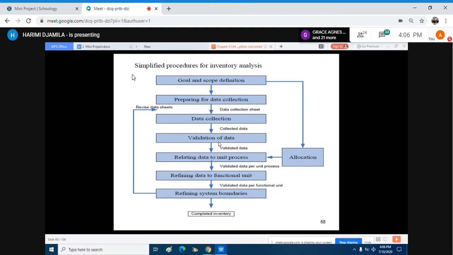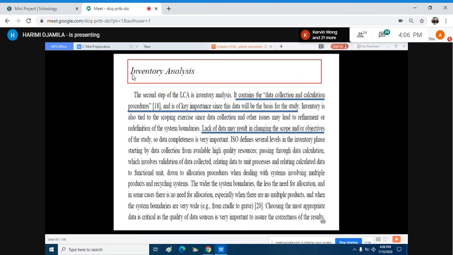Does it apply for your case, for instance, or not? You check the unit of the process. You may need to refine your data, the boundary of your calculation, and you repeat again until you finish completely your inventory. So here it contains the data collection and calculation procedure.